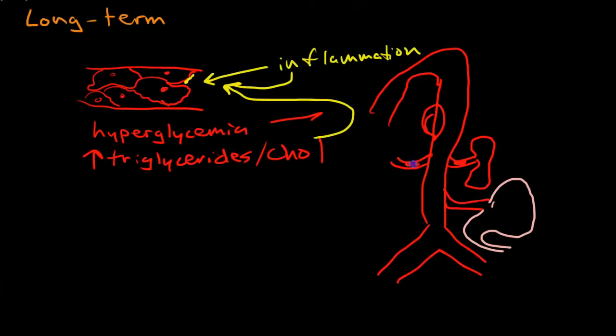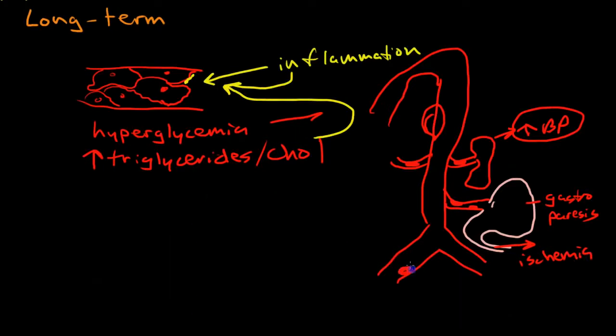It can cause atheromas to form in the renal arteries, causing renal artery stenosis, which can increase blood pressure. It's a secondary cause of hypertension. It can cause atheromas to form in the arteries that feed the stomach and the gut, which can cause gastroparesis and mesenteric ischemia.